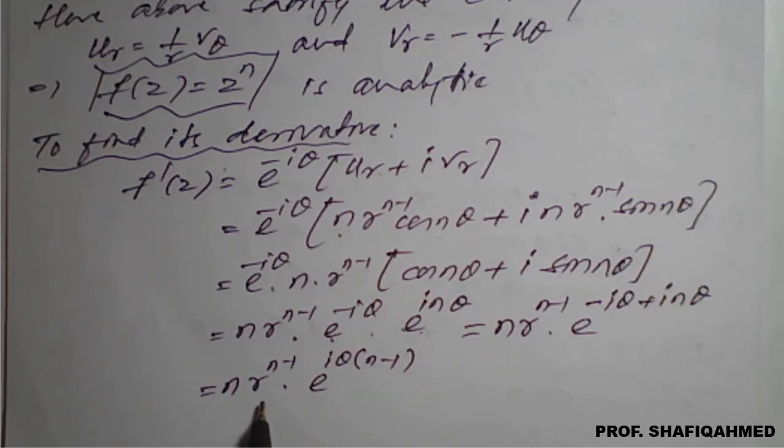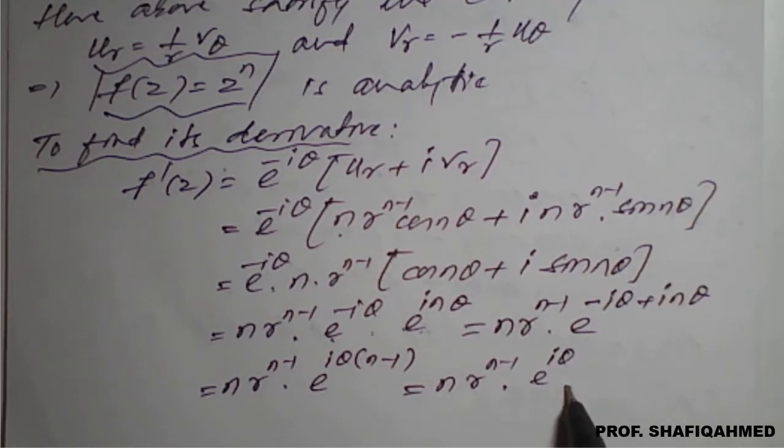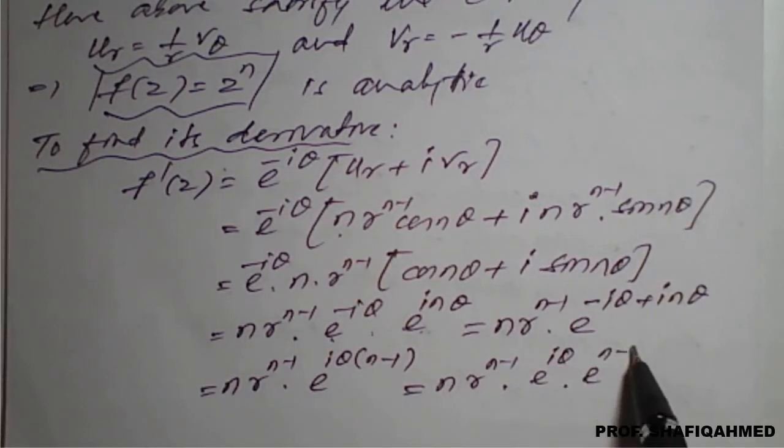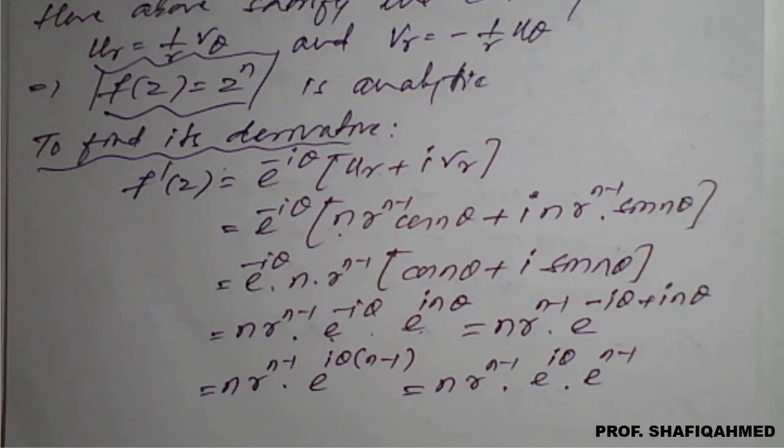On simplification again, n r raised to n minus 1 e raised to i theta into e raised to n minus 1. I can separate it like that again.